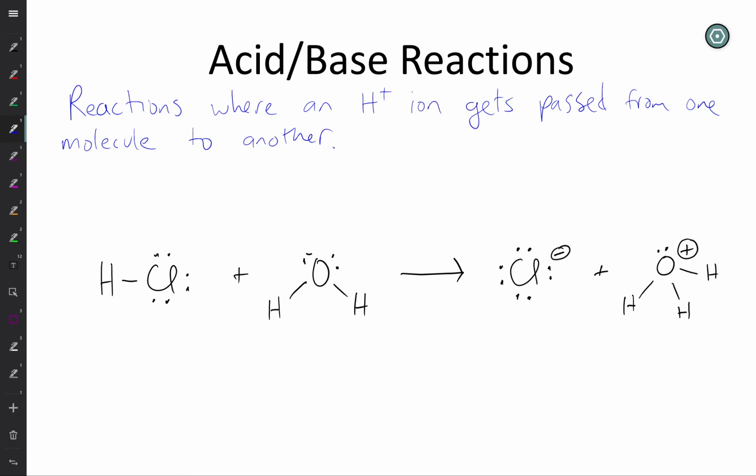So anytime we have a reaction where all that's happening is H plus going from one molecule to another molecule, we call that an acid-base reaction.